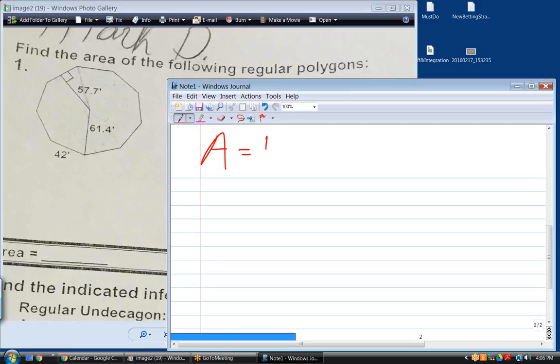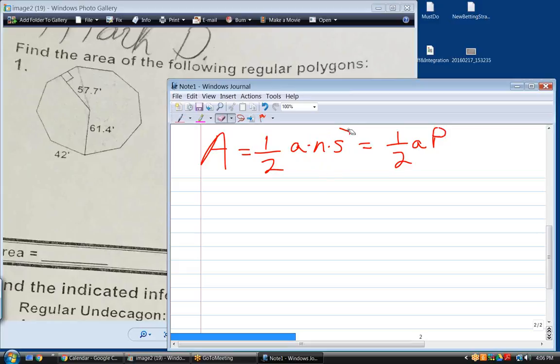A equals BH. That's for a rectangle. Oh, okay. So 1/2 the apothem times the number of sides times the side length. Which also is 1/2 the apothem times the perimeter, because notice that the number of sides times the side length is equal to the perimeter.